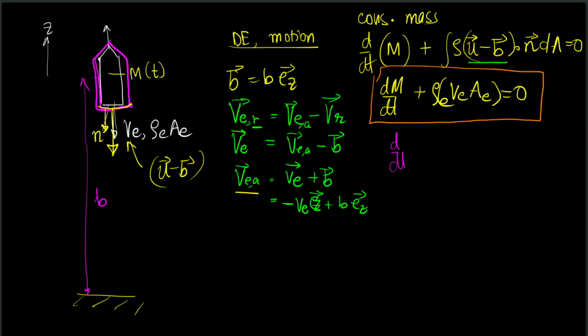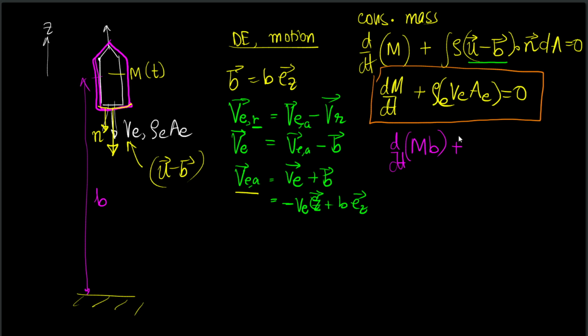So d/dt of m times... So now what is the momentum of the control volume? The control volume is now itself moving with a velocity equal to b. So d/dt of mb, all right, plus the fluxes of momentum.